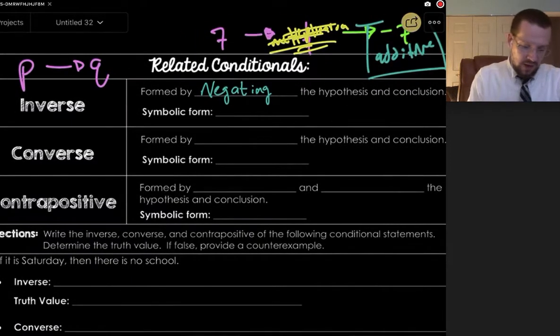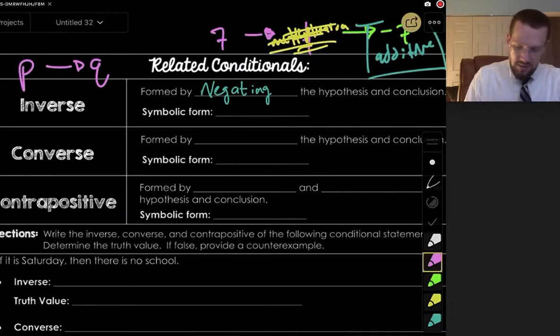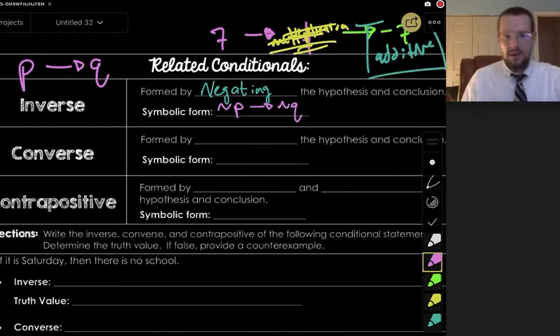So if this is our conditional statement, we're going to make it negative. P implies Q becomes not P implies not Q. P implies Q, after being negated, becomes not P and not Q. Not P implies not Q. If not P, then not Q.